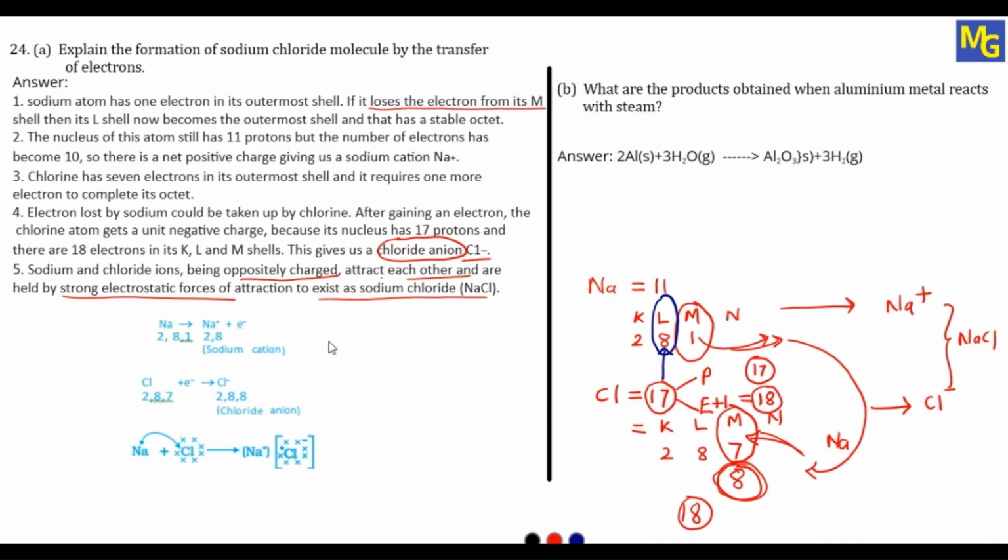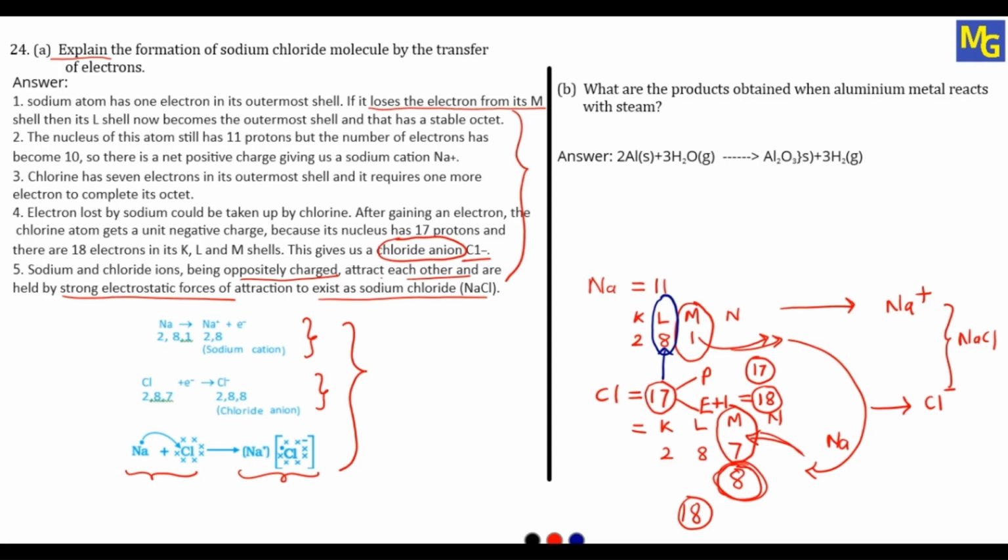This is what is explained here. For this question they have asked explain, which means you have to write these steps as well as this explanation for sodium chloride. So this is the answer for the 24th A question.